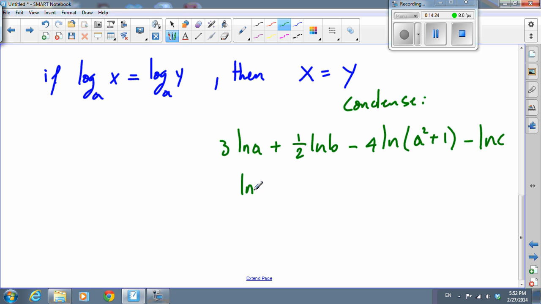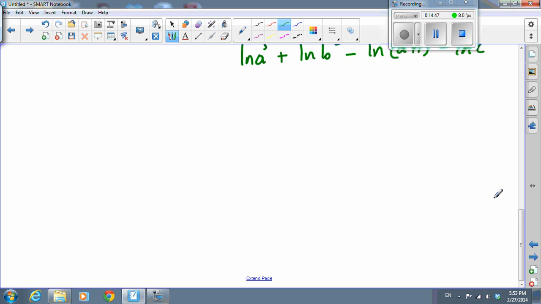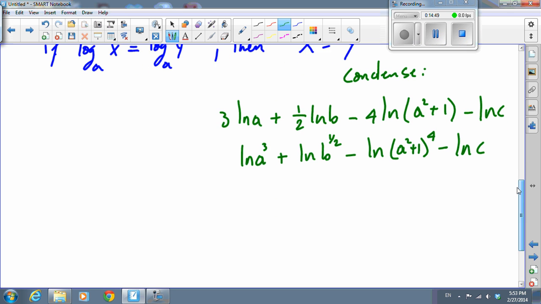So this is natural log of a to the power of 3 plus natural log of b to the power of 1/2 minus natural log of a squared plus 1 to the power of 4 minus the natural log of c. The next thing to know is every positive natural log will remain on top and negative natural log will go to the bottom.